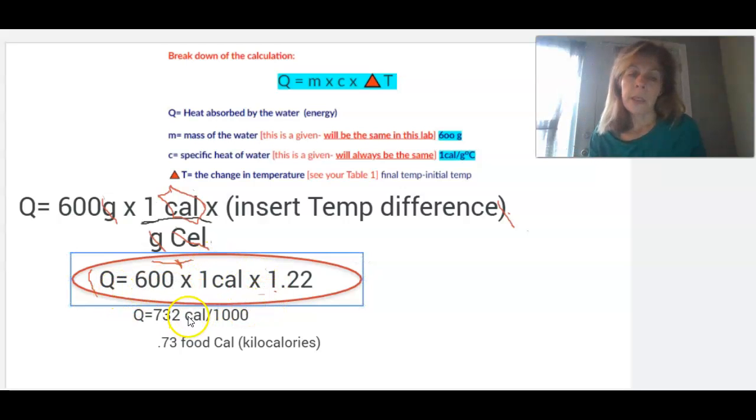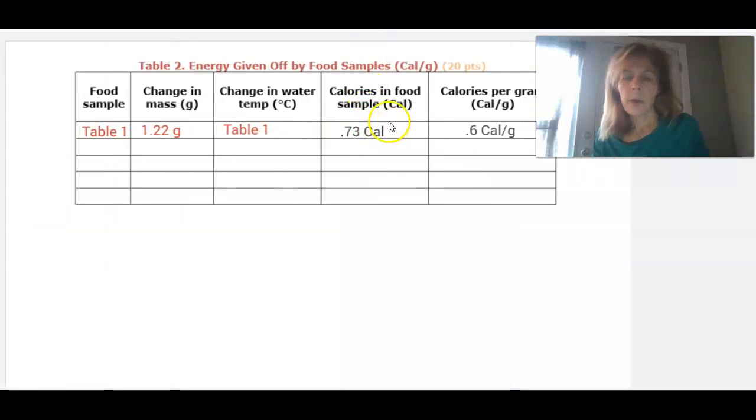Multiply that out, you get little c, then you need to divide by 1,000 to get the number of kilocalories, which is food calories, or calories with a big C. Then you have that. You come over here, you put it in your table, and then the last column you get from dividing this column by that column, just like it shows you up at the top.